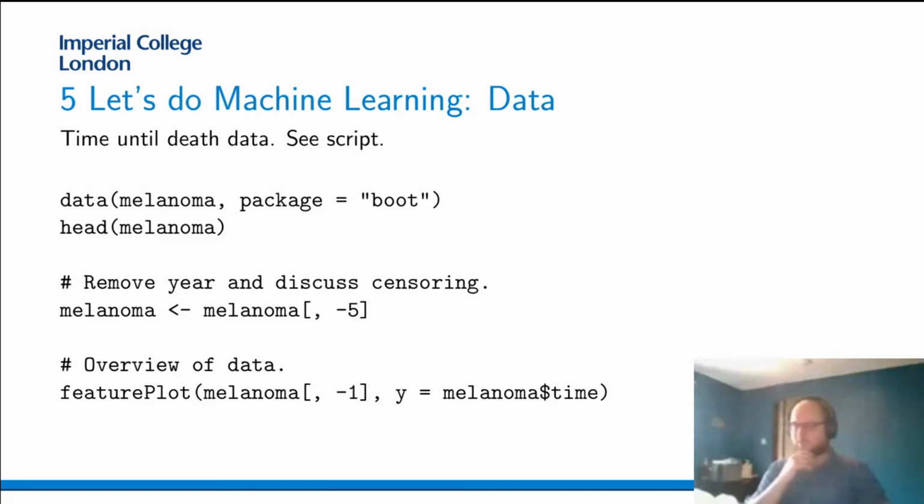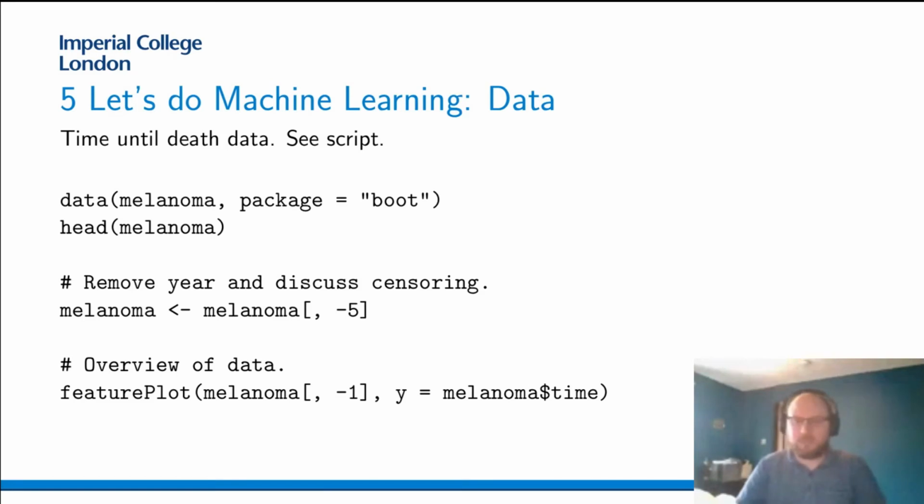That will be the time until death after surgery. I think these patients had a tumor and they had it removed, and then we were measuring how long they survived afterwards. Most of the other columns are various measurements of either the patient or of the tumor that might be predictive for how long they survive after the surgery.